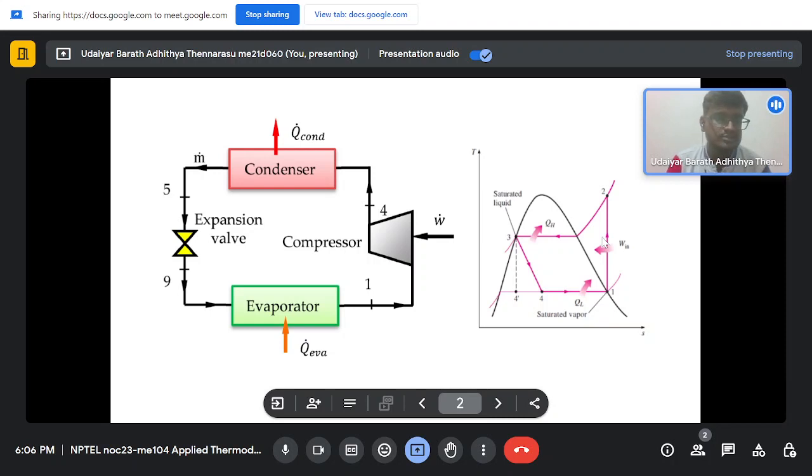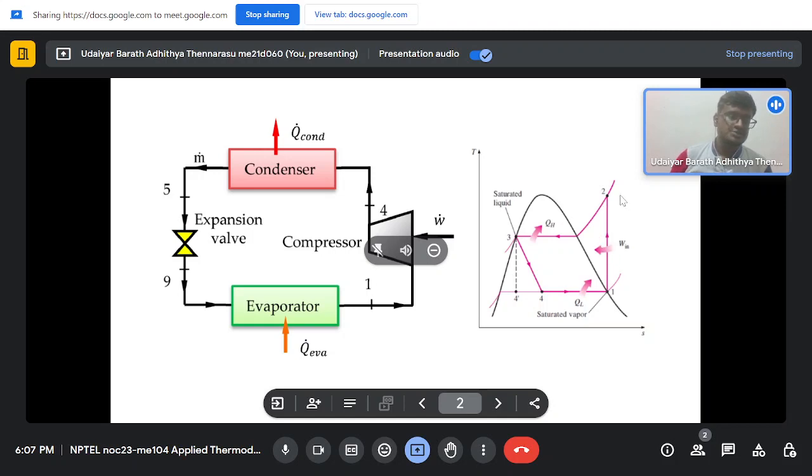You cannot compress there. So to modify that, suppose heat is added in the evaporator where it picks up heat, then you need to compress it. You cannot have it in the two-phase region, so you take it out, such that the exit of the evaporator is at a saturated condition.